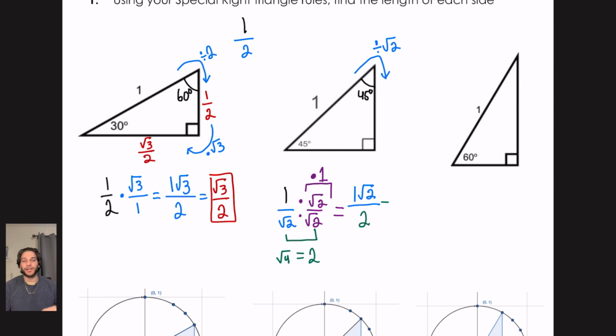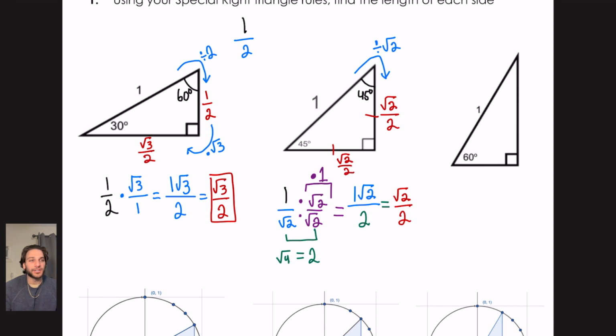So now that radical is gone from the bottom, and then we just have root 2 on top, and whole number 2 on the bottom. So my final answer would be root 2 over 2. And since this is a 45-45 isosceles right triangle, I know that my side lengths are going to be the same. So both of those legs are going to be the same number.